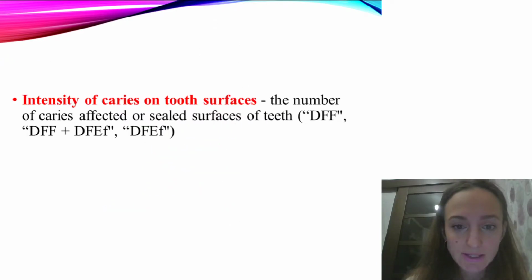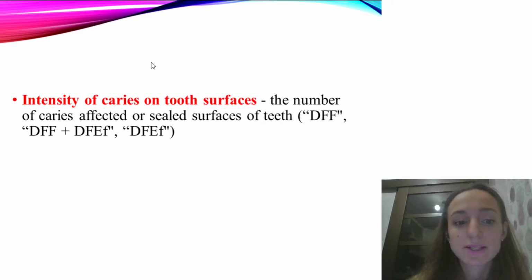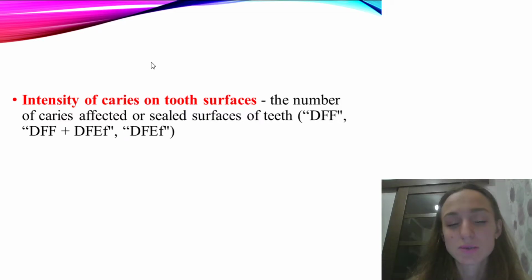Next one, intensity of caries on tooth surfaces. It is the number of caries affected or sealed surfaces of teeth. Also dfs, then dfs plus DFS and small f, and DFS small f. Here you should add all carious surfaces.